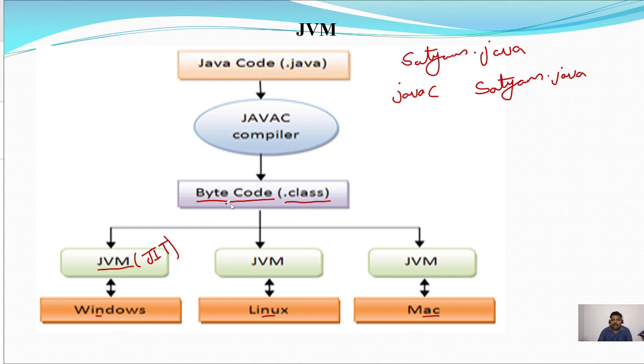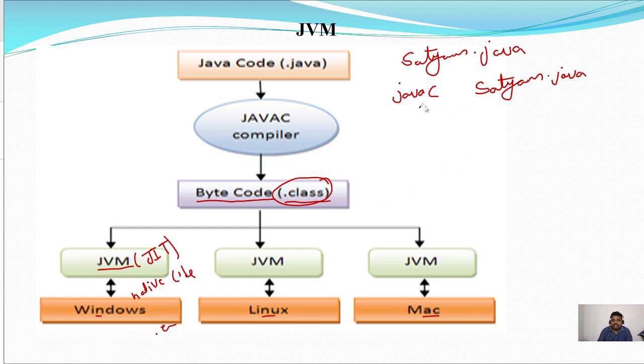Whatever bytecode is generated, you can run this dot class file on any operating system without any errors, because the JVM converts it into that specific native code, that is, the .exe file is generated.